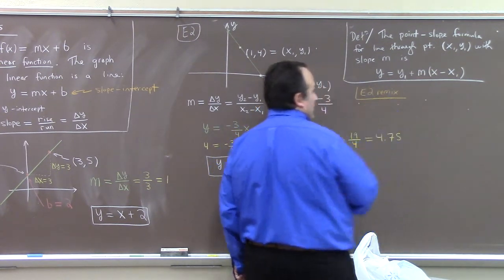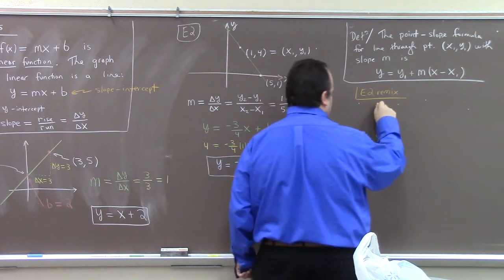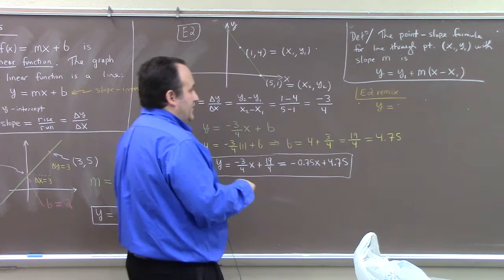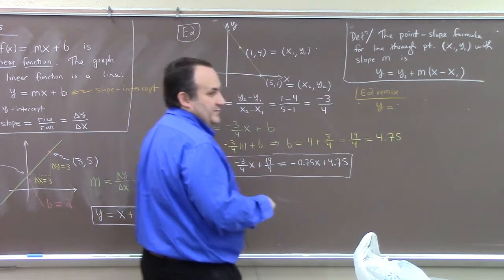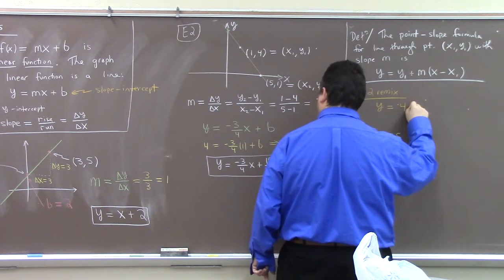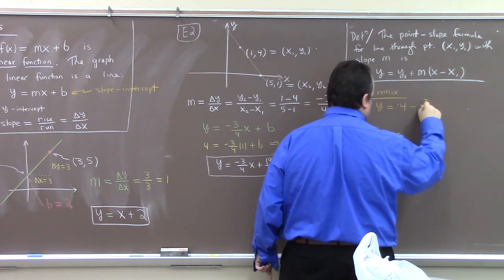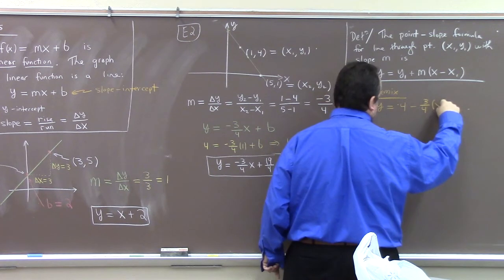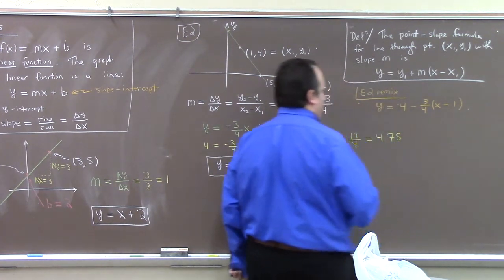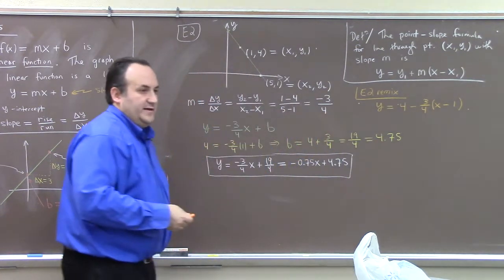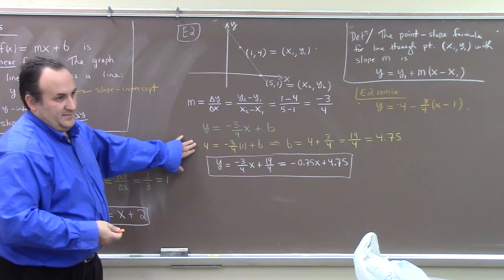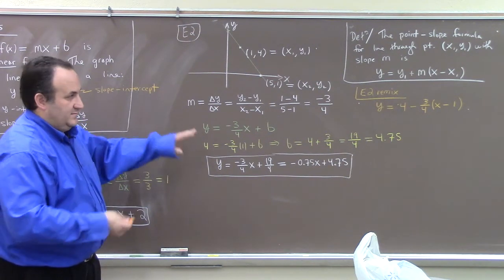We use point slope. So we know y, and you can use whichever point you want. I'll use 1, 4. So we got y equals 4 minus 3/4 times x minus 1. That's the equation of the line. See, I didn't have to do this algebra. I just got the equation.